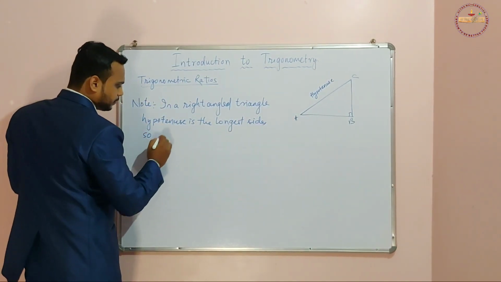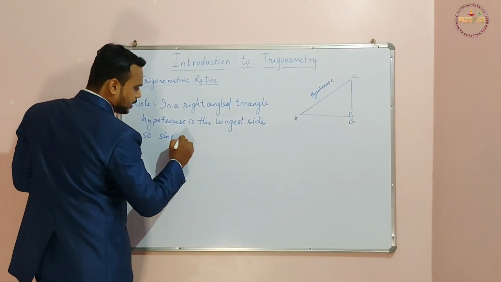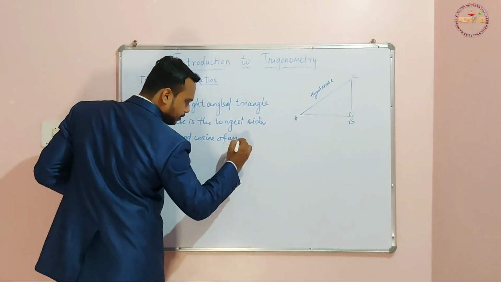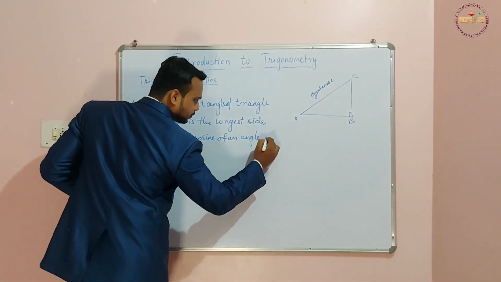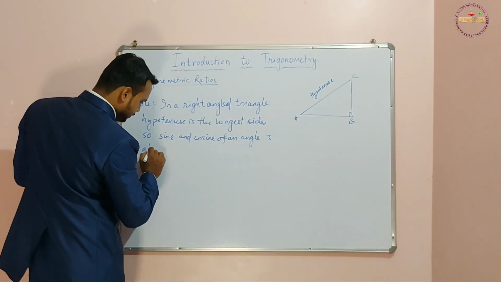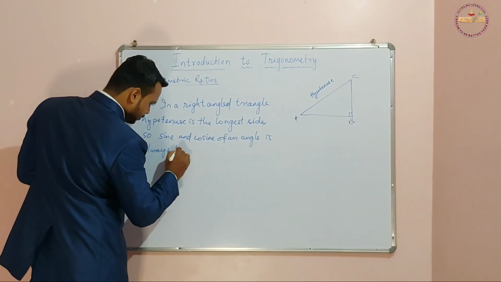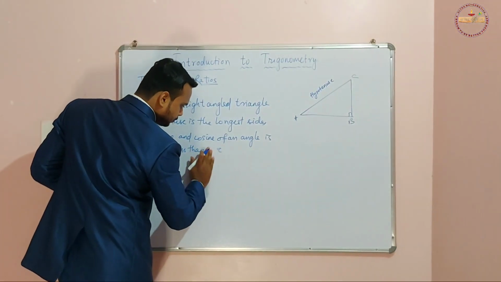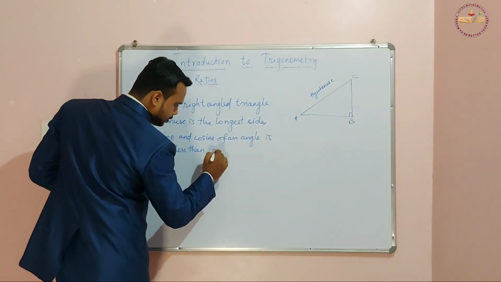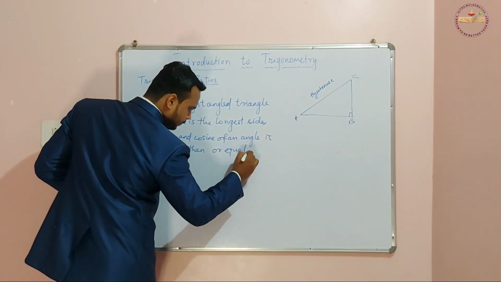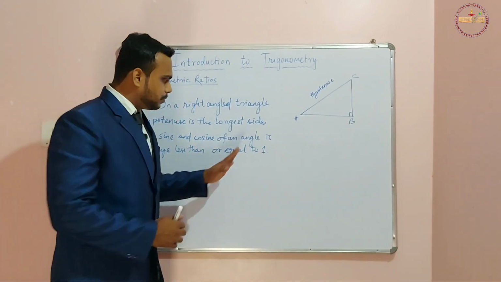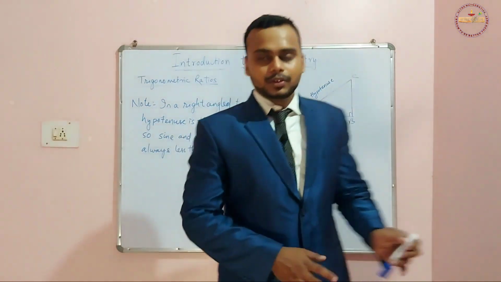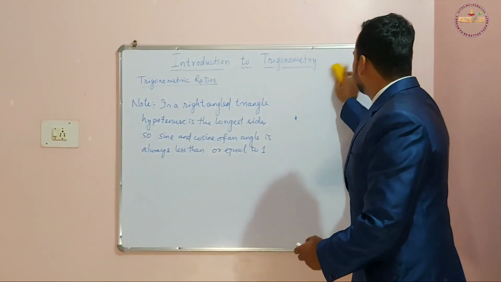So sine and cosine of an angle is always less than or equal to 1. So now we will do some problems, and after that we will go for the complementary angles. For the problem part, let me erase these things.